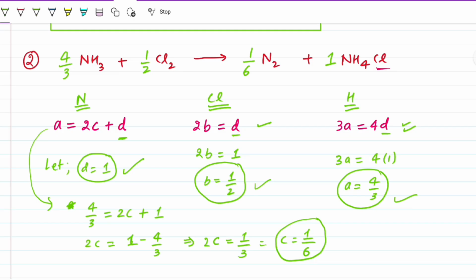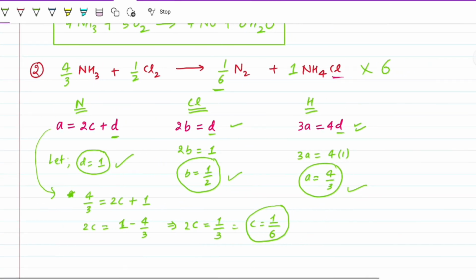To remove these fractions, multiply by the highest value of the denominator. We have 6 as the highest value, so multiply the equation by 6.